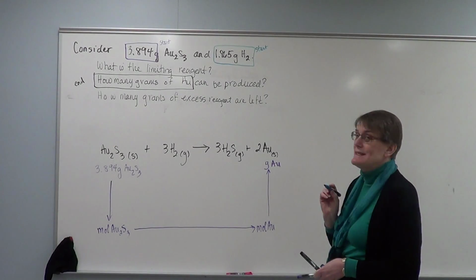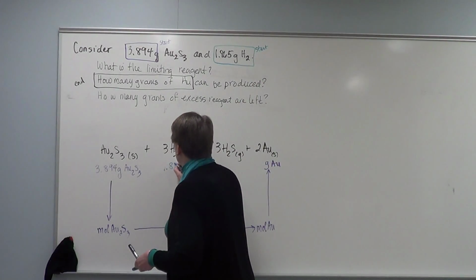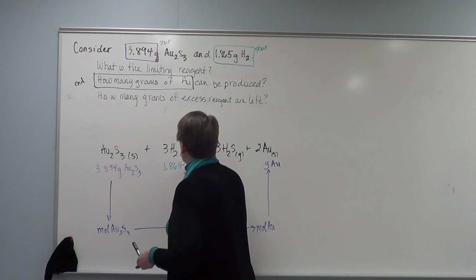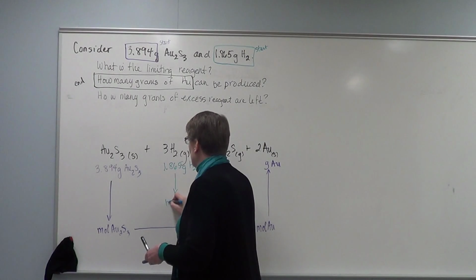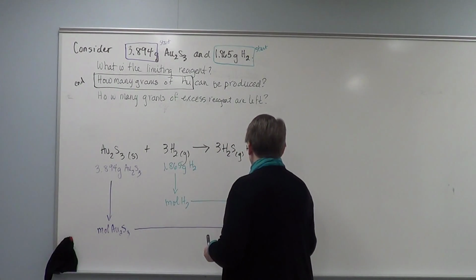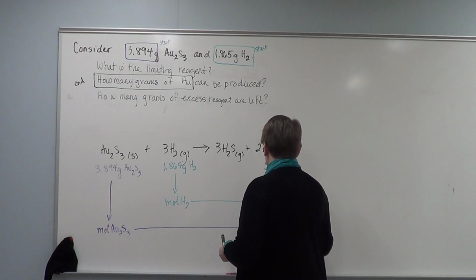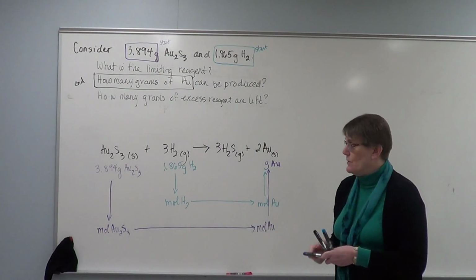I do exactly the same thing for hydrogen. I have 1.865 grams of hydrogen to start with. I convert it to moles of hydrogen. I convert moles of hydrogen to moles of gold, and then moles of gold to grams of gold.